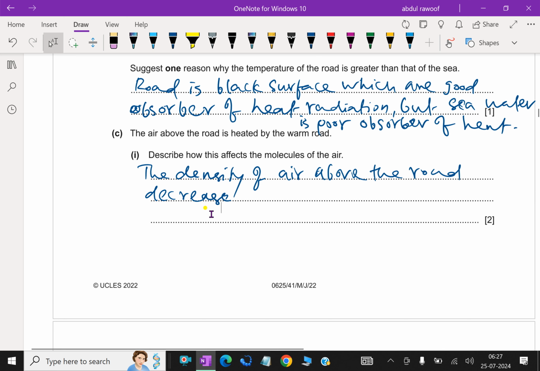Then due to the decrease of density, a partial vacuum is created.